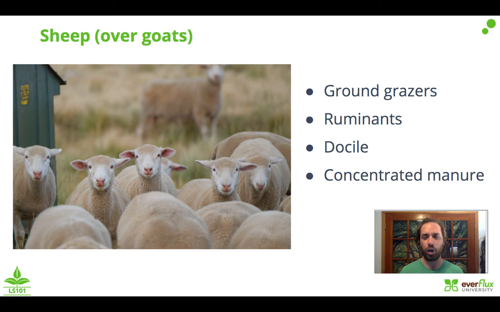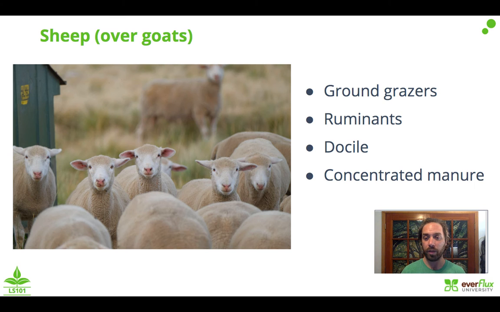So if you don't want your goats going after that stuff, you might have some problems with goats. Sheep, on the other hand, are ground grazers, so they're mostly just going to eat grass and potentially your cover crop that's planted on the ground, so you don't have to worry about them going crazy and eating everything. Both sheep and goats are ruminants.